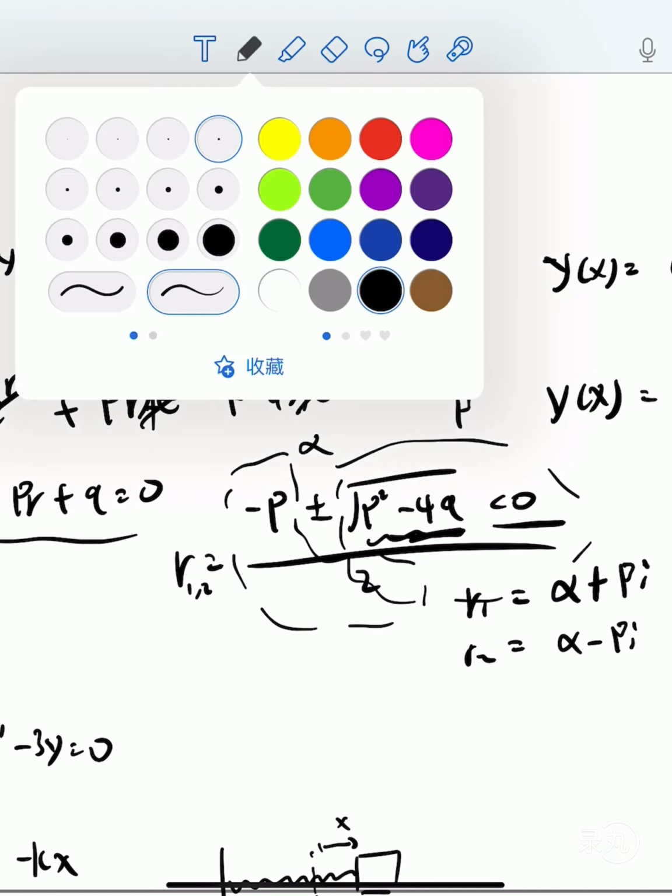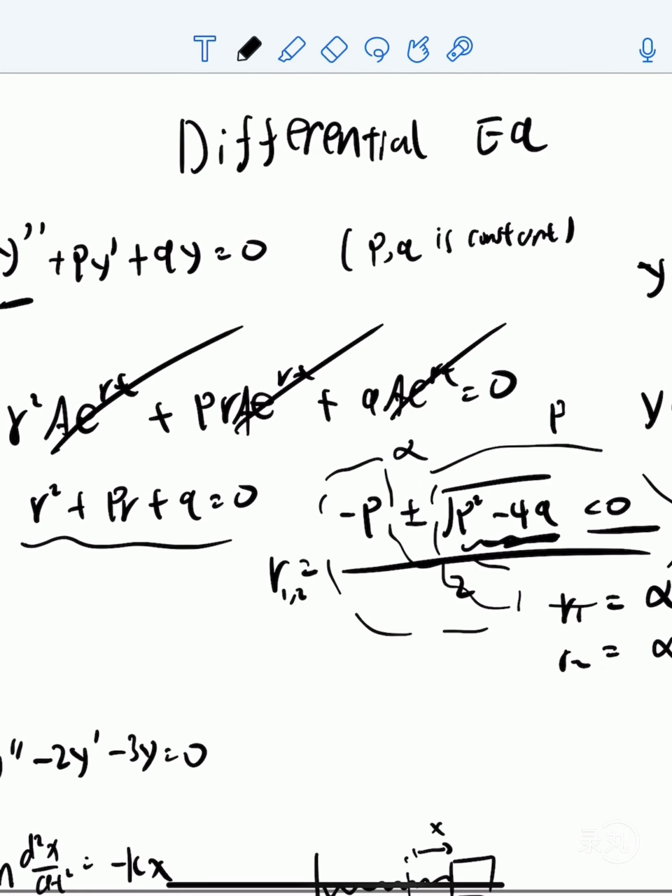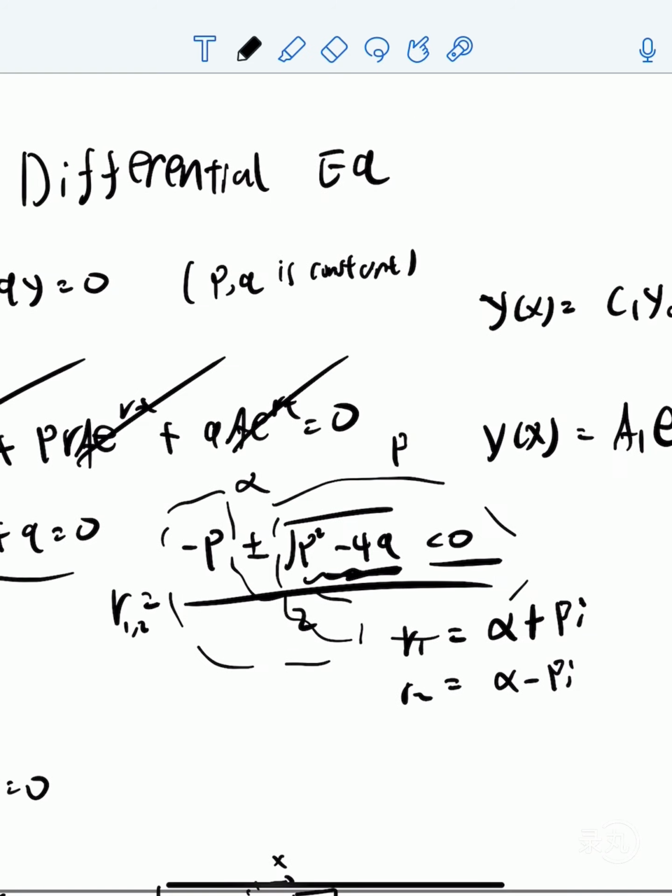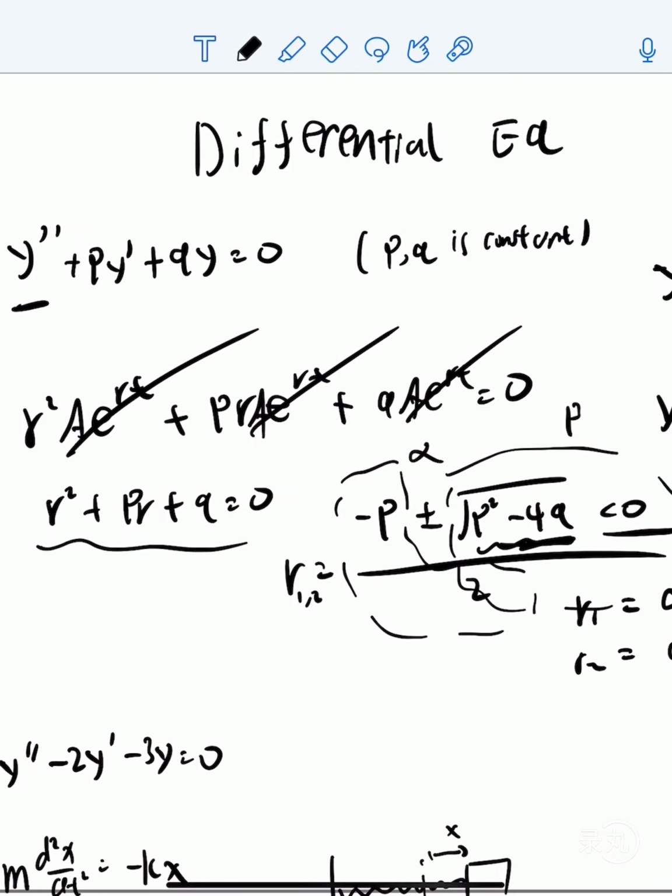Now, if we plug in, the solution is c1 e^((alpha plus beta i)t) plus c2 e^((alpha minus beta i)t). Oh, never mind, we change the constants to a1 for this one.